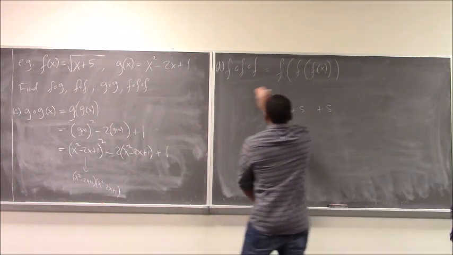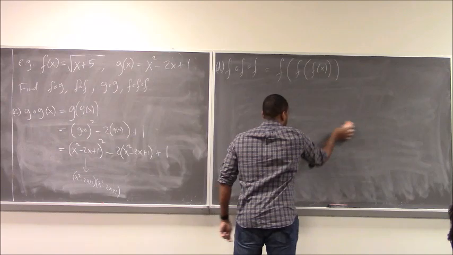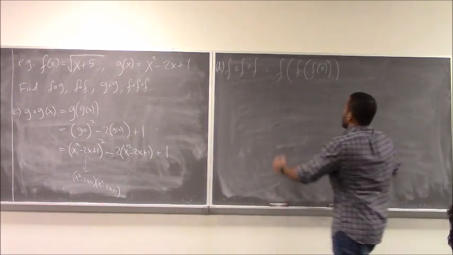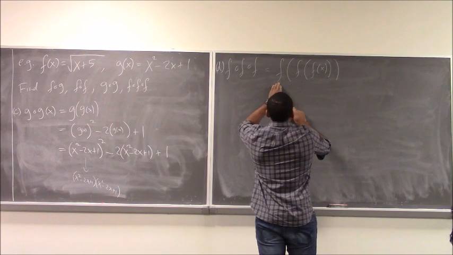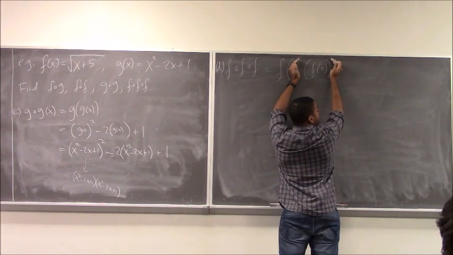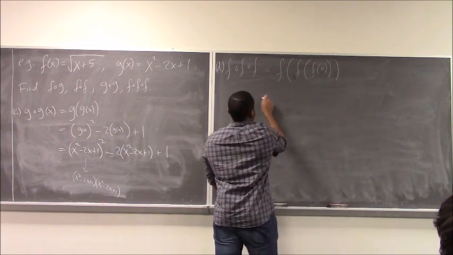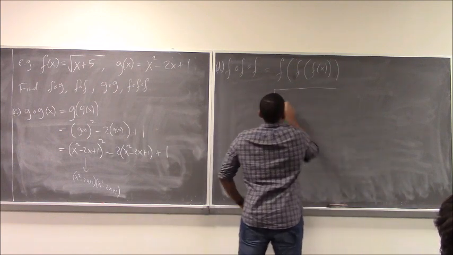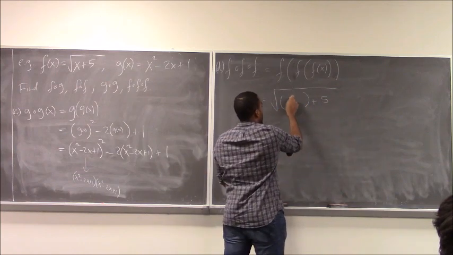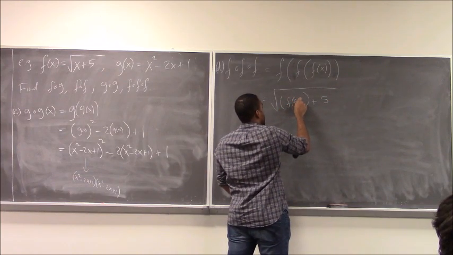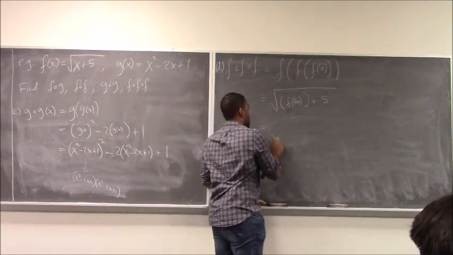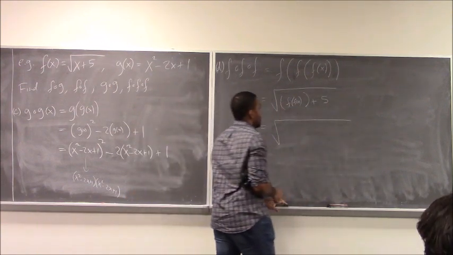So I think that would be the answer, but let's actually just make sure. So again, let's go back to basics. What did we know? When I look at this, what I'm going to think of is I'm having an f, and I have this replacing all the x's. So I'm really going to write this guy, open a gap for the x, and inside that, I'm going to write f of x. Then I keep doing this process, right?